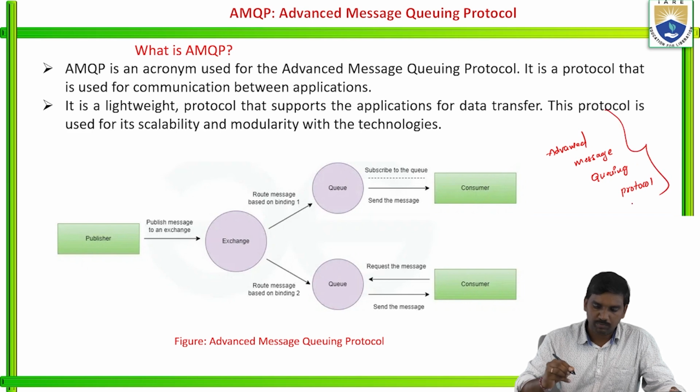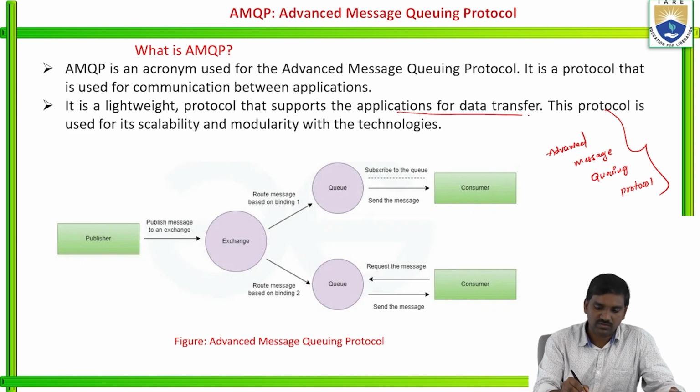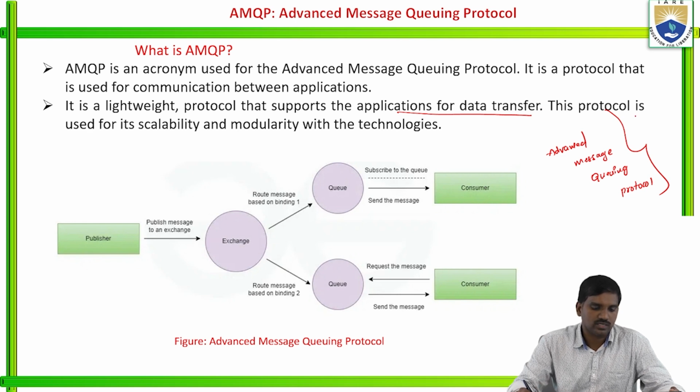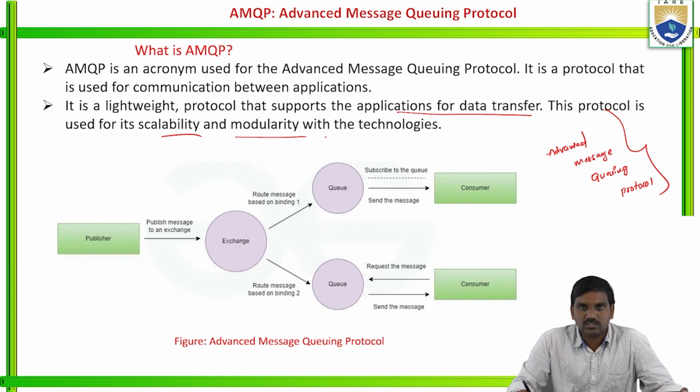It is a protocol used for communication between applications, and it is a lightweight protocol that supports applications for data transfer. This protocol is used for its scalability and modularity with the latest technologies. This is the main aim of Advanced Message Queuing Protocol. Again, it is used for its scalability and modularity with the latest technology.